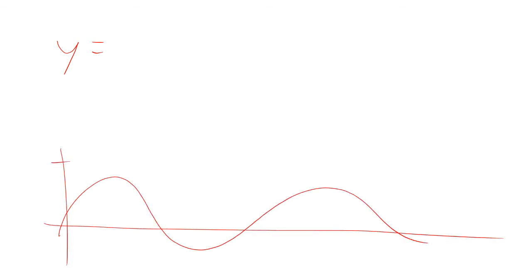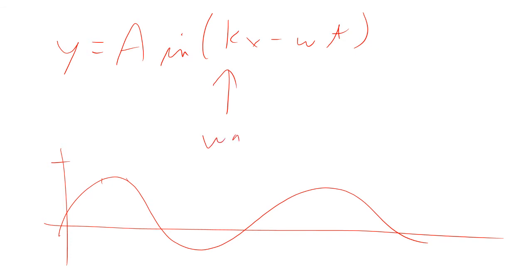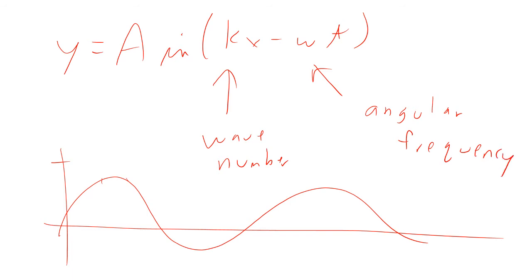Okay, so for the wave here, how high up it is is A sine kx minus omega t. k is the wave number, and omega is what we call the angular frequency. Okay.